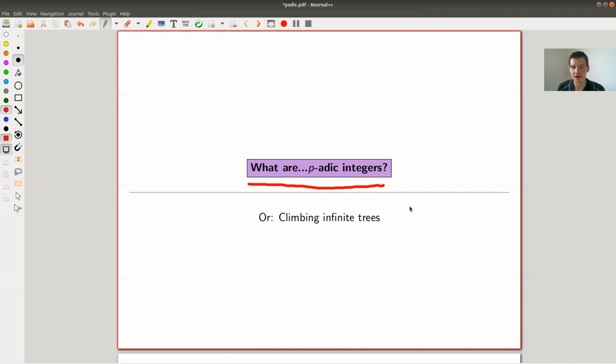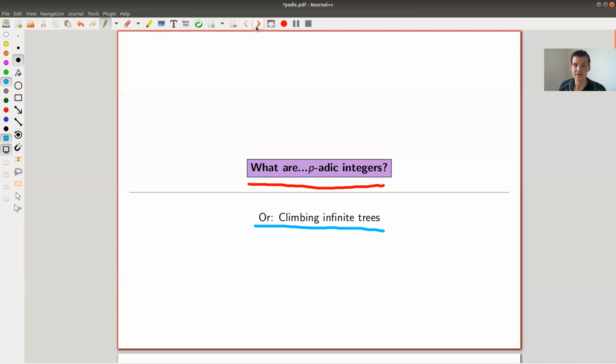And everything boils down to, and that's kind of the point of this video, climbing infinite trees. I took this idea from one very nice article and one very nice presentation, which are linked down in the description.